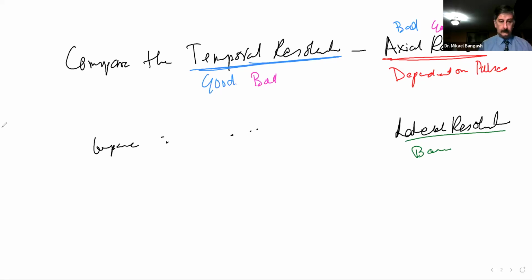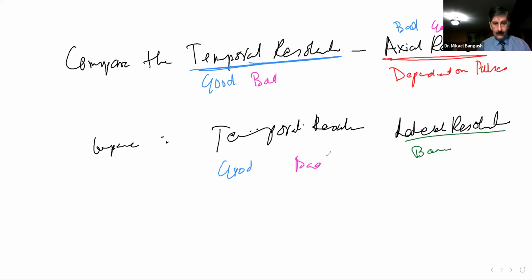Likewise, the temporal resolution. If you consider that again, it's good, and bad, well, when your temporal resolution was good, that was going to mean that your lateral resolution will be bad, and vice versa. Did that make sense?